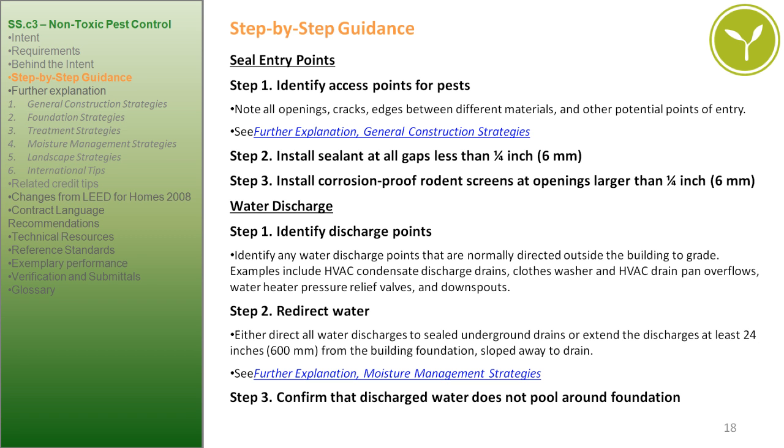Redirect water. Either direct all water discharges to sealed underground drains or extend the discharges at least 24 inches or 600 mm from the building foundation, sloped away to drain. See further explanation, moisture management strategies. Step 3. Confirm that discharged water does not pool around the foundation.